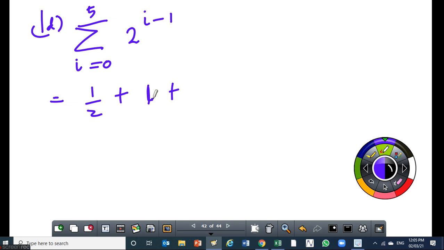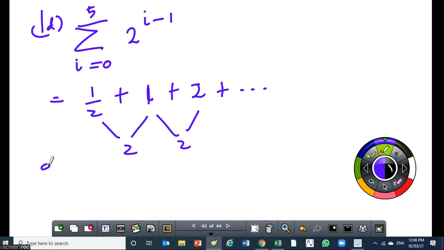If I substitute i equal to 2, I'm going to get 2 to the power of 1, which is 2. Then I can write here plus up to the 5th term. Right? Now, if I want to find the common ratio, it will be T2 divided by a half, I'll get what? 2. 2 divided by 1, I'll get 2.